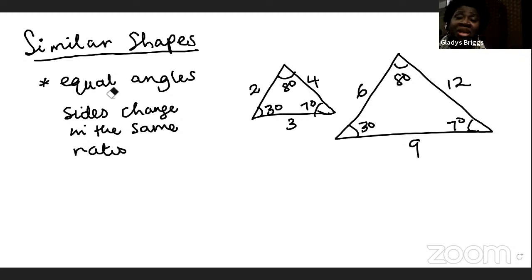So when you say that the shapes are similar, you can use that information to work out missing lengths on the triangles or on the shapes. Let's look at the example that was on that PowerPoint. Hope you've written this down because I want to take this one off.